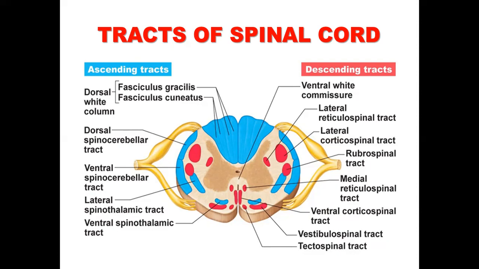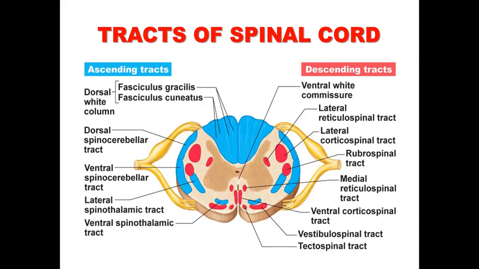Then they cross the midline in the gray commissure and then ascend upwards in the lateral spinothalamic tract, and then ascend in the brain stem and form the spinal lemniscus. Then they enter the thalamus where they synapse in the PLVN, posterior lateral ventral nucleus of thalamus, that forms the cell body of the third order neuron, and from the PLVN in the thalamus, these fibers ascend through the internal capsule and corona radiata to the sensory cortex.